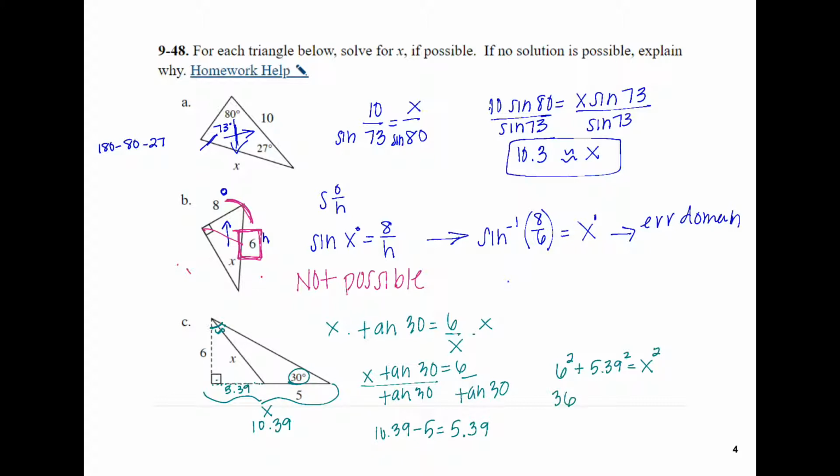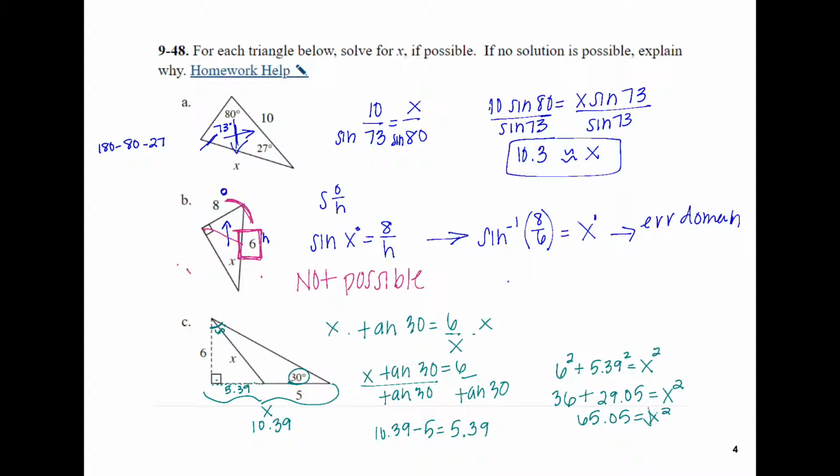So 36 plus 29.05 equals x squared, which is, when we add these two together, we get 65.05 equals x squared.